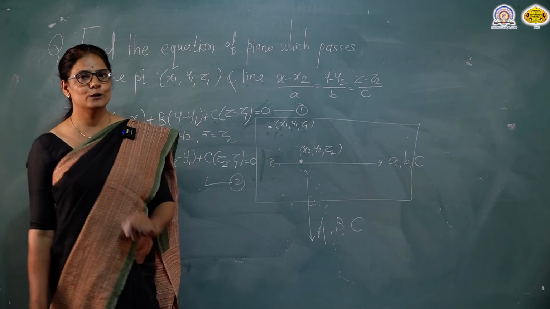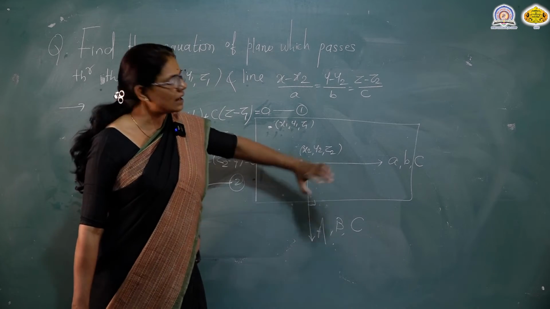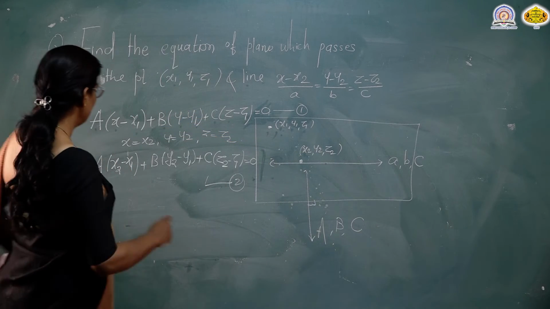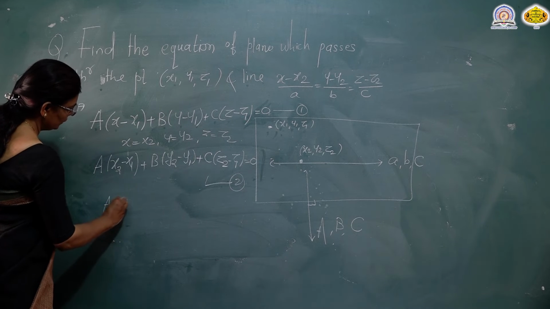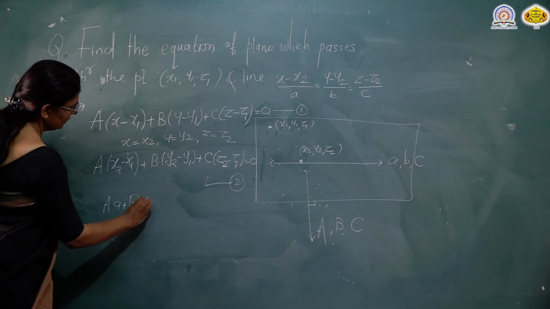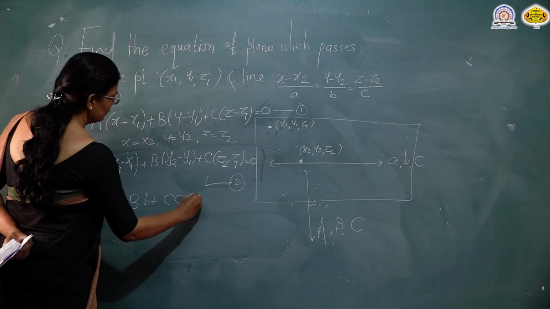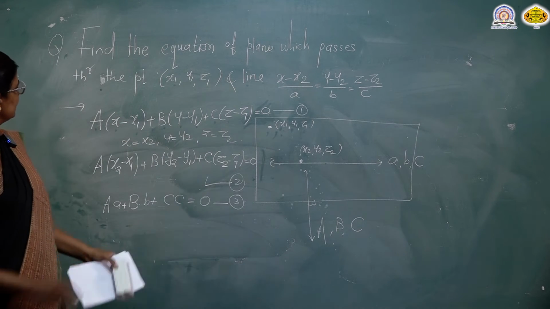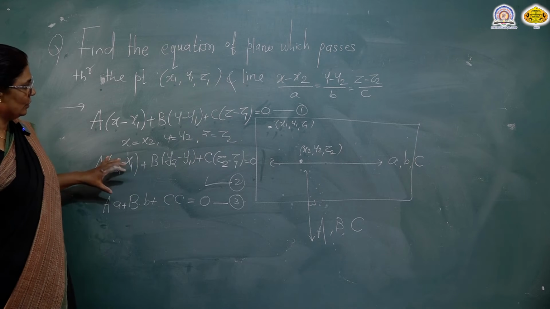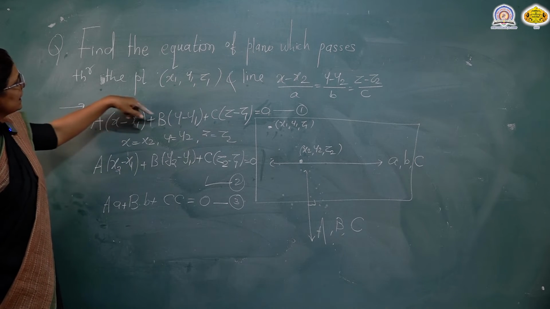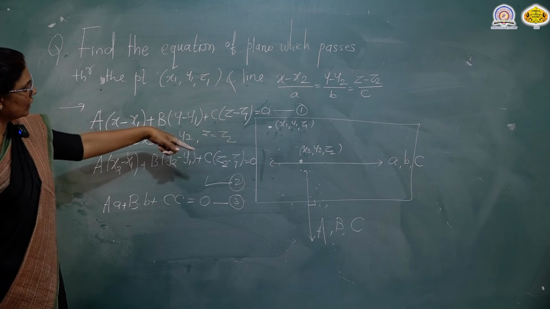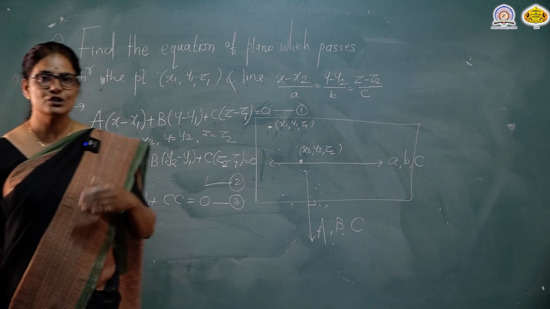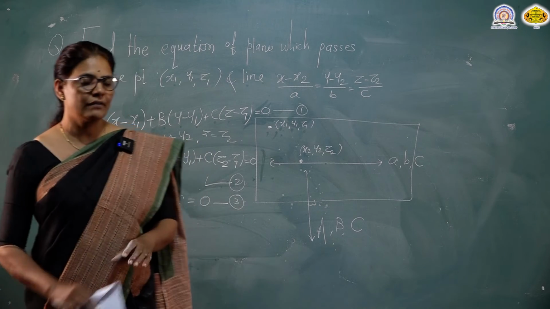Obviously they are perpendicular to each other, and since these two are perpendicular, by using the condition of perpendicular lines we get this condition: capital A into small a plus B into b plus C into c equals 0. This is the third one. So now we eliminate capital A, B, C from these three equations, equations 1, 2 and 3. We will get the required answer.